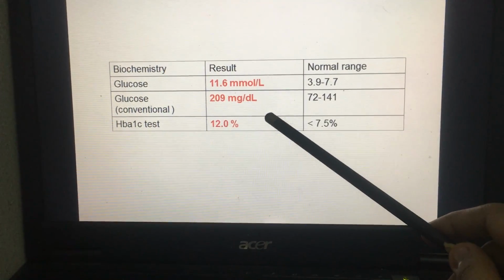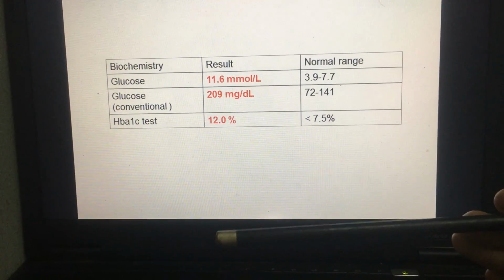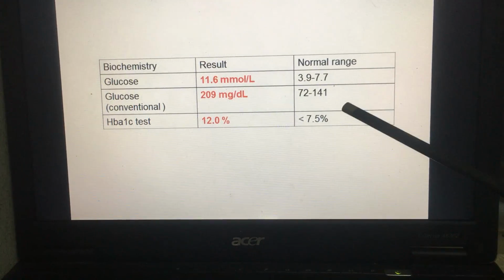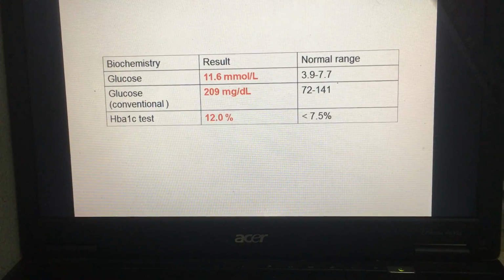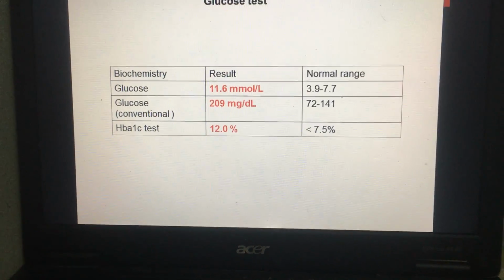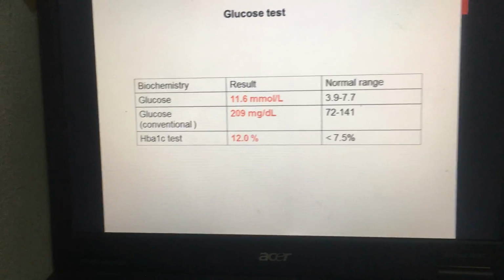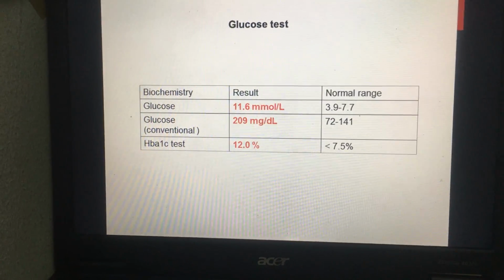And the HbA1c test, which is very important for glucose, is 12%, but the normal range is no more than 7.5%.